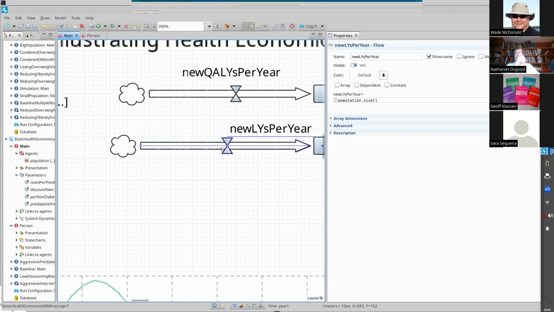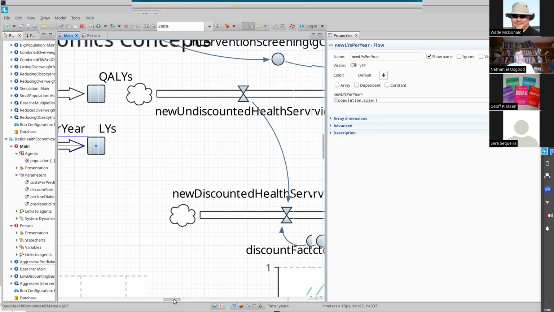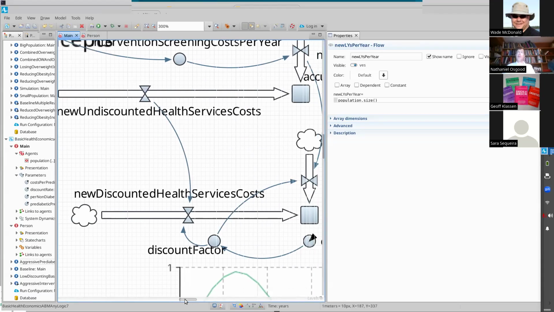These are flows that are like dollars per year or life years, person years per year, or QALYs per year, etc. Dollars per year for this one here. But what about those costs that are borne by, or imposed by, an event? An event, say, like an occurrence of a transplant for a particular person.